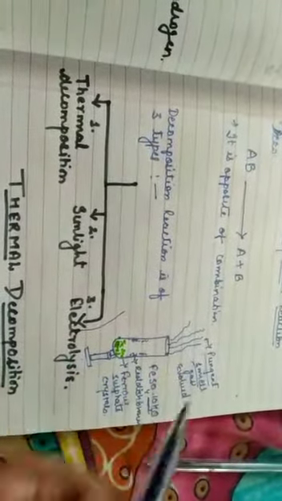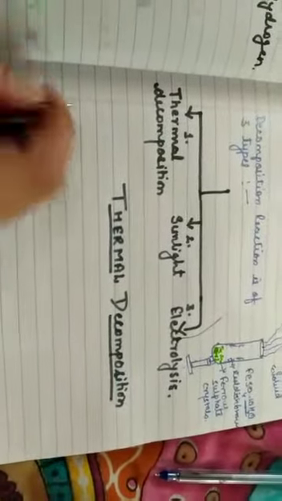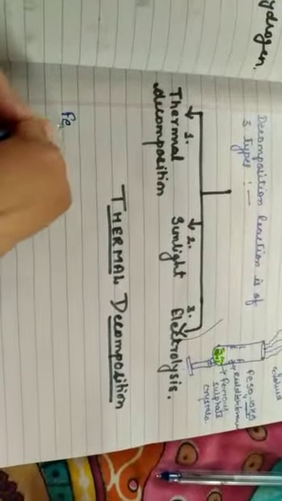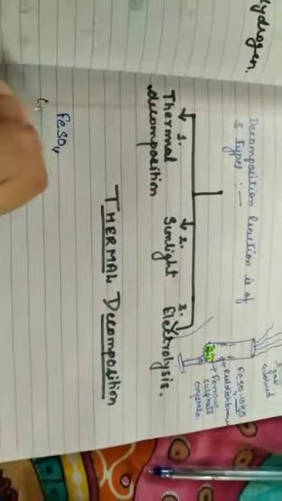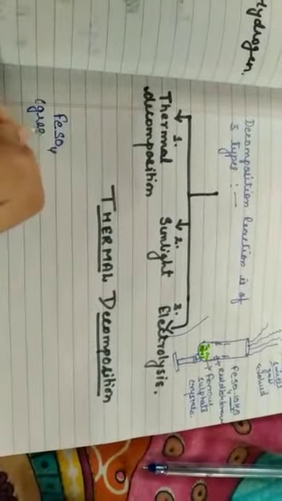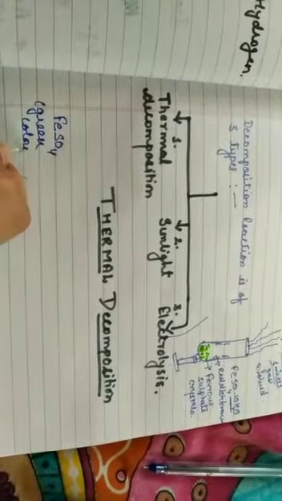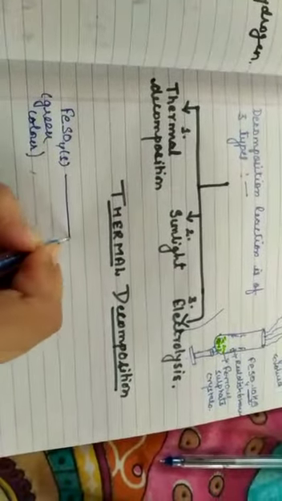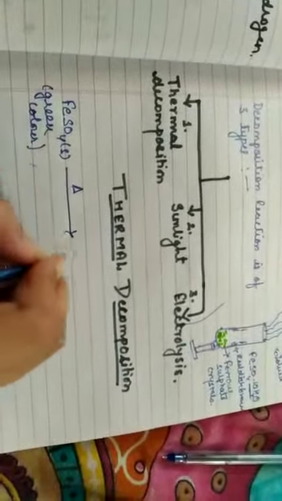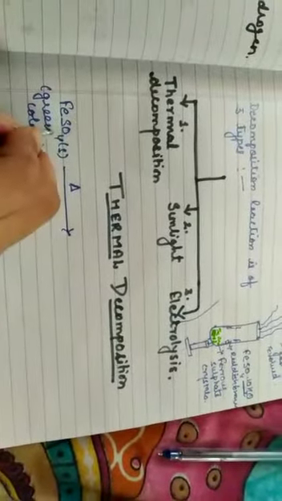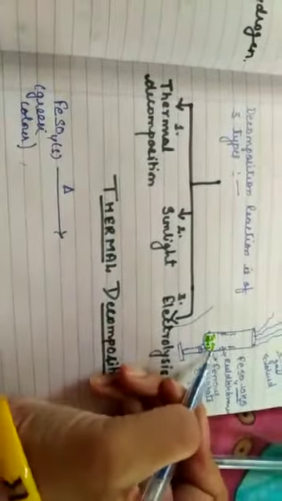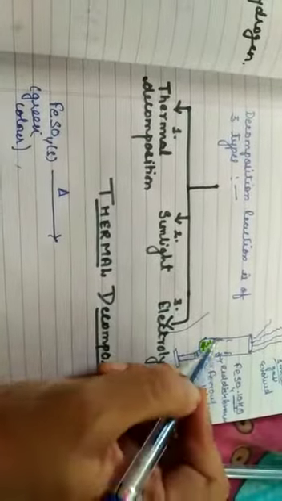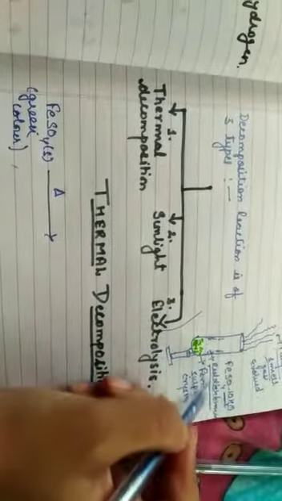Now I will tell you about the equation. First of all, the ferrous sulfate FeSO4, that is green in color and it is solid also. When we heat it, it will convert into a reddish brown color.